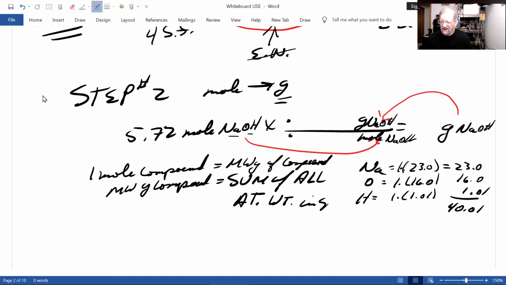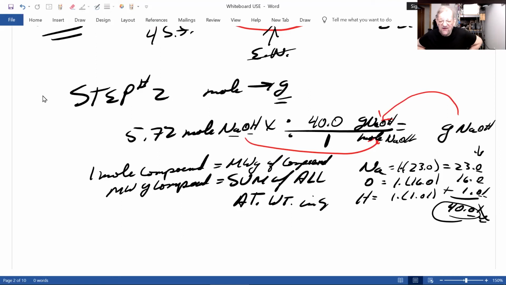Now, when you're adding, you get the same number of significant figures in your answer to the right of the decimal as the number that has the fewest significant figures you're adding. This is 1, 1, 2. So I'm going to round this off, keep 1, use that to round off. It's 4 or less. So the correct number is 1 mole of sodium hydroxide is 40.0 grams.